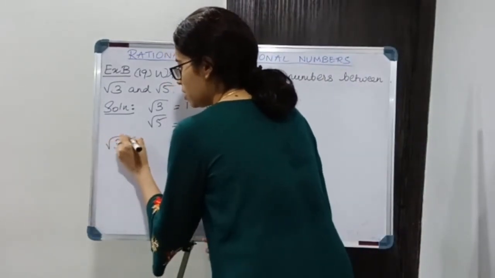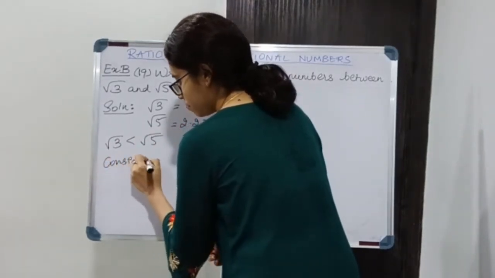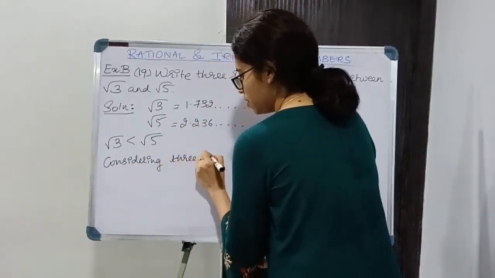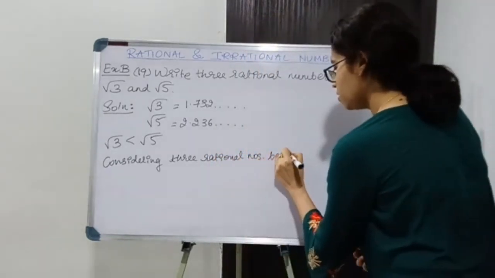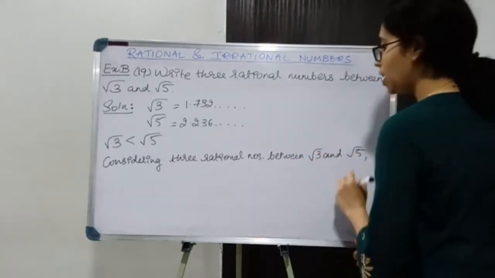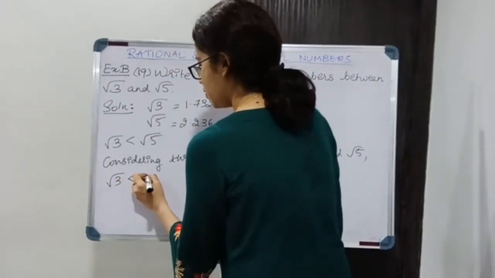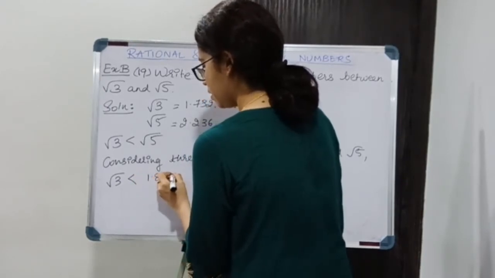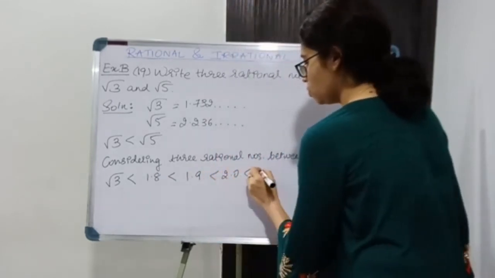So root 3 is less than root 5, and considering 3 rational numbers between root 3 and root 5, I have say 1.8, 1.9 and 2.